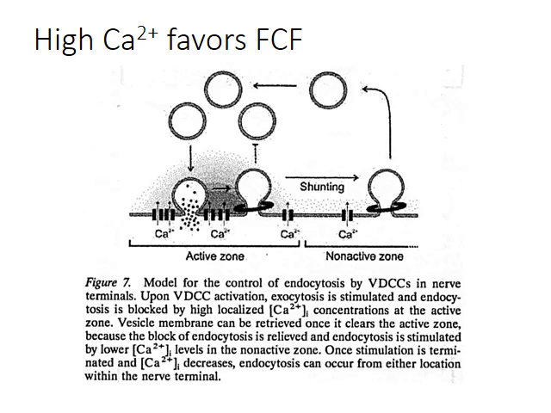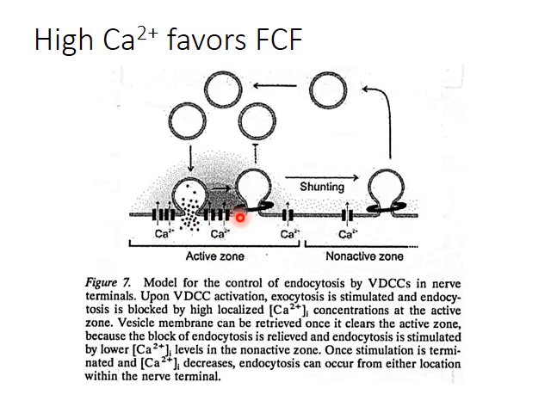Cousins and Robinson diagram this to help you conceive of it as also a spatial problem, that at the active zone, where calcium we know is quite high, and the process of vesicle fusion is going on, biology wants an efficient release process, and may not want to crowd that active zone with actively endocytosing vesicles.